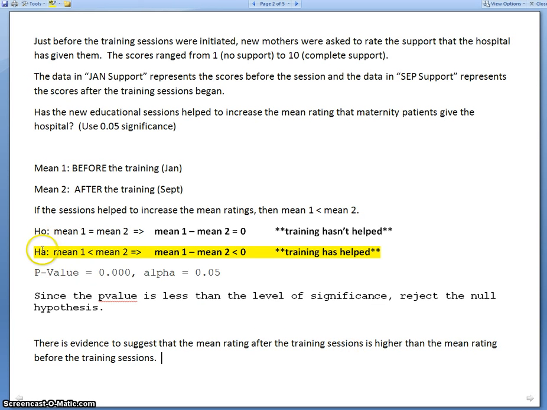There's evidence to support the alternative, which is suggesting that the mean rating after the training session is higher than the mean rating before the training sessions.